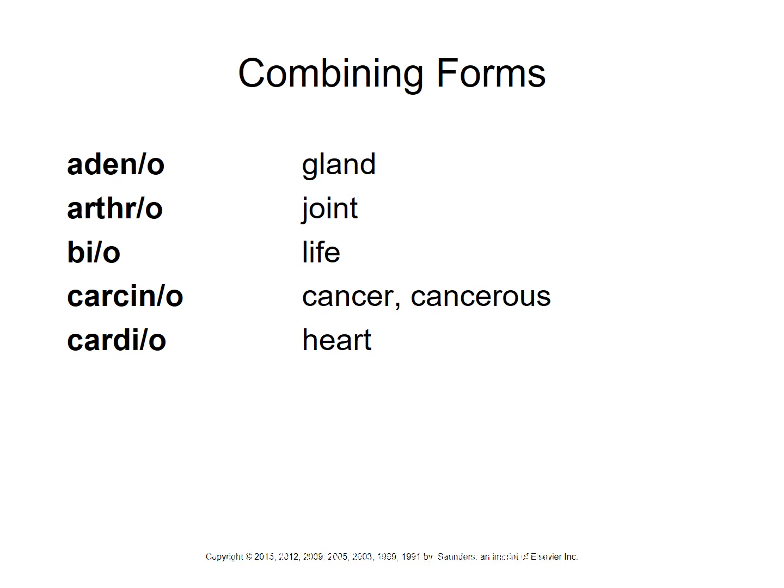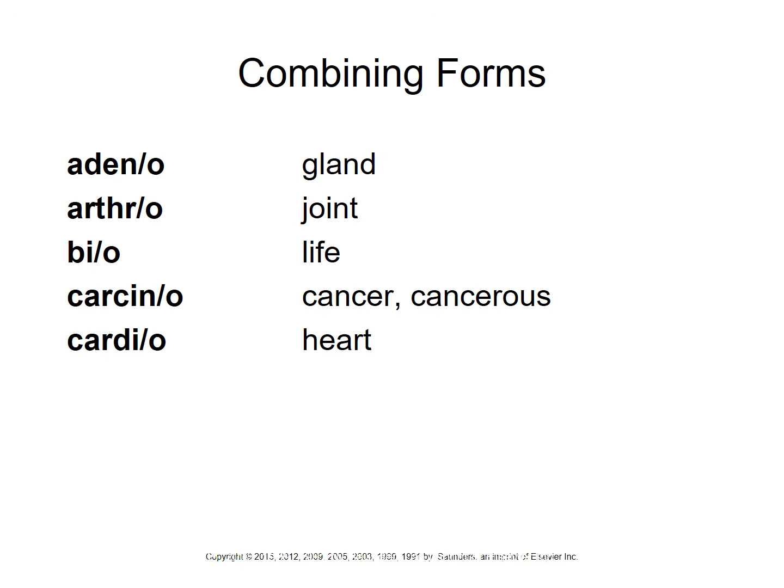So arthritis is translated as inflammation of a joint. Some other ones you may not be familiar with, like adeno. A common one is adenoma. I think this is listed in your book. An adenoma, oma means a tumor. So if I define it, a tumor of the gland.